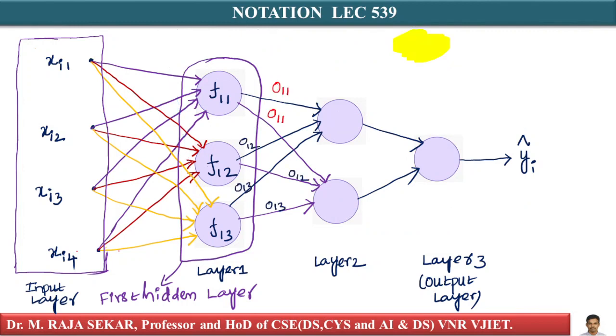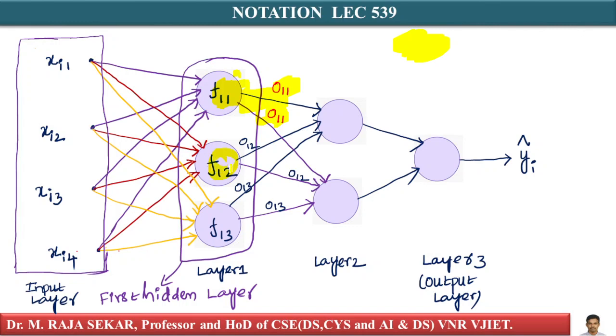Just see this one. What are the outputs? O11. Here you have got the output. This is output O11 from F11. I am giving the same numbers to these outputs. Here 11 means output, here I am giving 1.